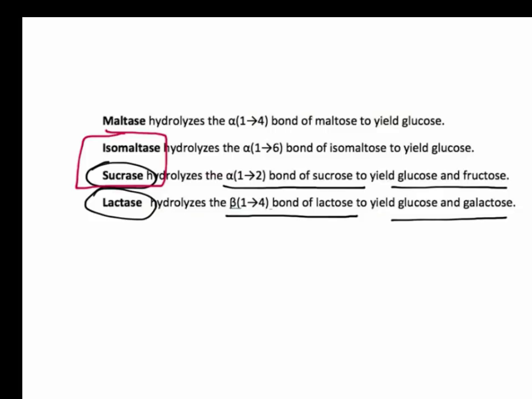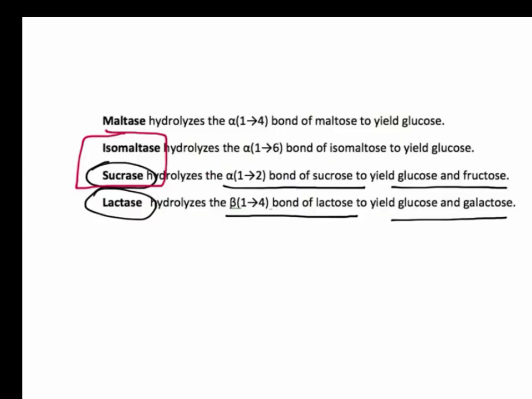Now, as you know, lactase is needed in all young mammals because it's needed to hydrolyze lactose in milk. But many adults lose the ability to hydrolyze lactose. It's a natural thing for the enzyme to decline with age.